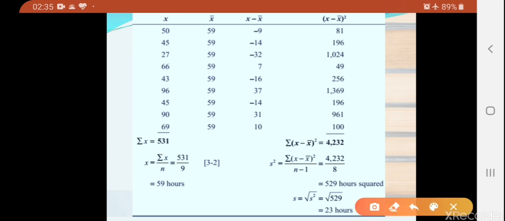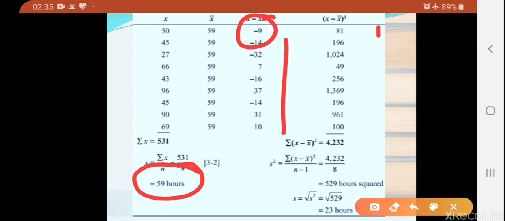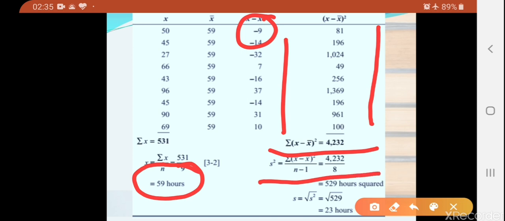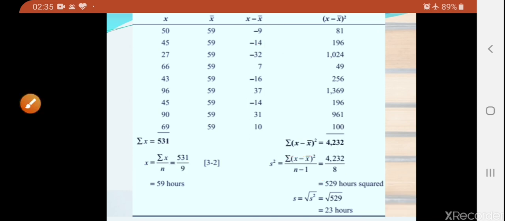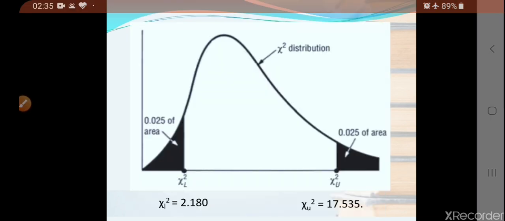For that we have calculated the mean, x bar. Then we have calculated the values of x minus x bar, and then x minus x bar square, then sigma of x minus x bar square, and then we have calculated the variance and then the standard deviation. This is for the sample.